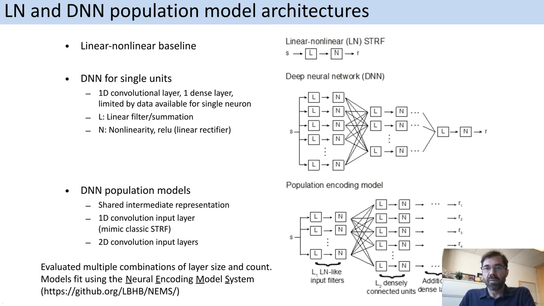I don't have time to go into all the details today, but as we found, the performance of these models was very similar, independent of the architecture. So those details may actually not be so important. For fitting, we used the Neural Encoding Model System library, which was developed as part of the BRAIN Initiative that supports this project. And the models were fit using backpropagation implemented in a TensorFlow backend.